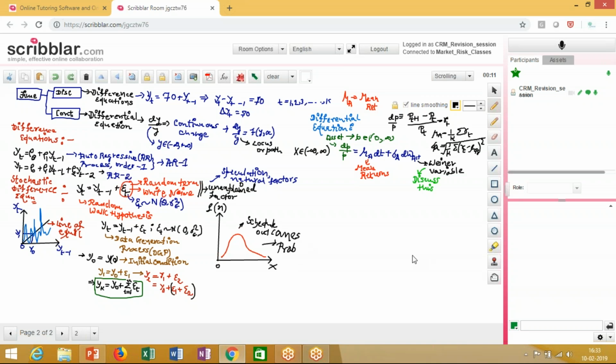Now a very specific type of distribution is the normal distribution. A normal distribution, or the Gaussian distribution, is a kind of benchmark distribution in the domain of risk analytics, especially in market risk, because whenever you want to identify randomness in the data, normal distributions play a very critical role.